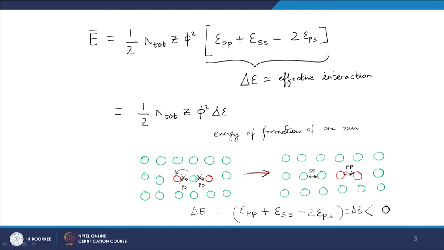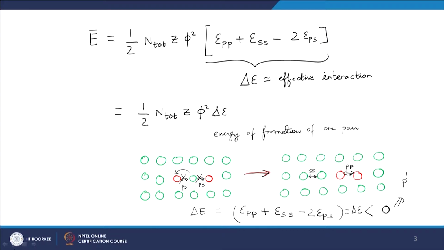So, if delta epsilon is less than 0, I will tend to form more pairs of solute and solute. If you now think of a larger number of solute molecules, if the system favors the formation of solute pairs, that means the system has a tendency to phase separate.